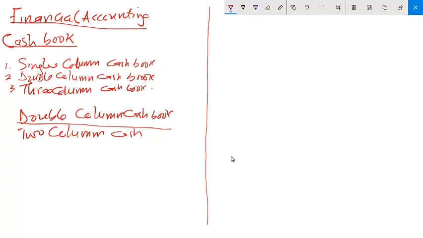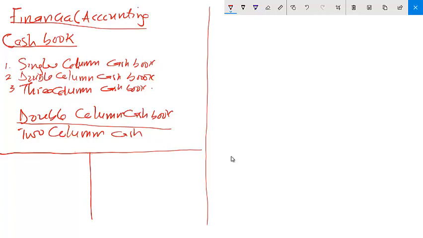And to remind ourselves, we talk about the format to record a double column cash book. I told you during the last class that cash book is a kind of subsidiary book that functions as both a book of original entry and also as an account.